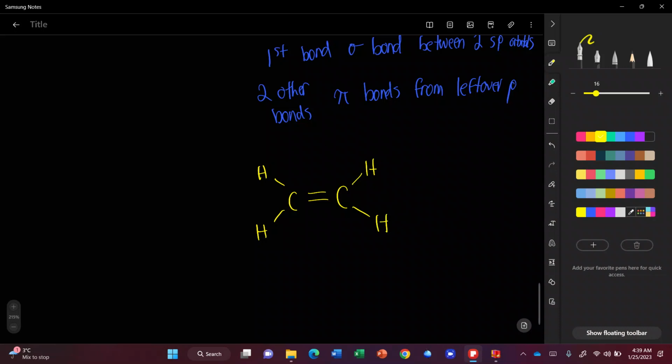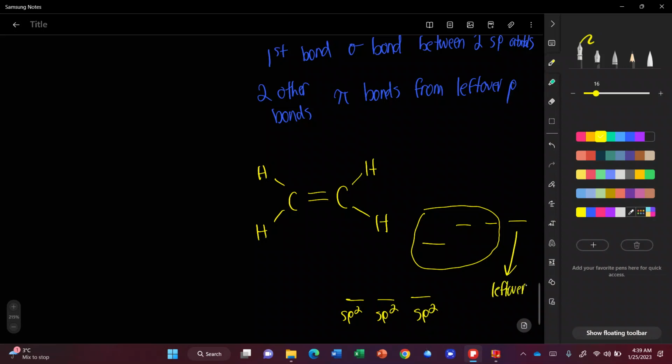We know that both of the carbons are sp2 hybridized. When something is sp2 hybridized, what that means is that you take the s and two of the p orbitals and merge them into these three hybrid orbitals that you call sp2. But again, what that means is that you have this leftover p orbital.